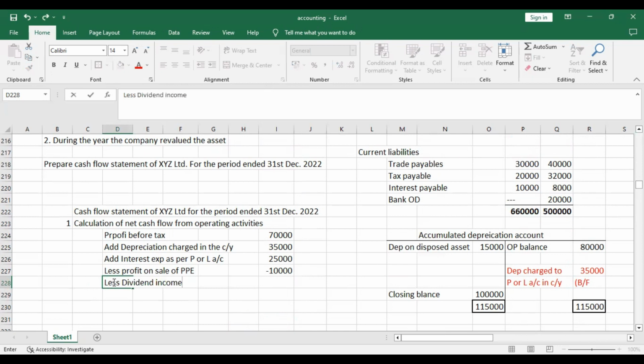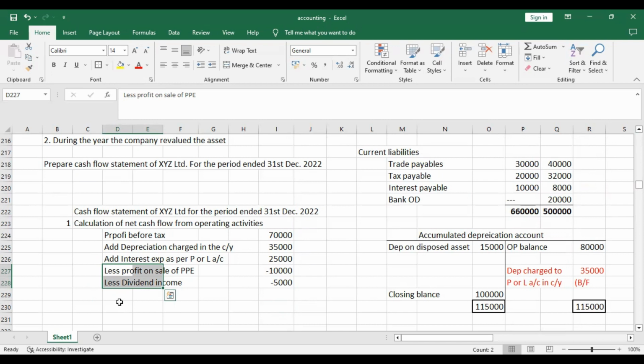You take this dividend income when you prepare the investing activity. Are you clear? Where to take? Investing activity. So 5,000 we removed. Apart from this, what you have to look into is any changes. So we have taken the non-cash item depreciation, non-operating items like profit on sale of PPE, and any other incomes other than your regular trading activity income.